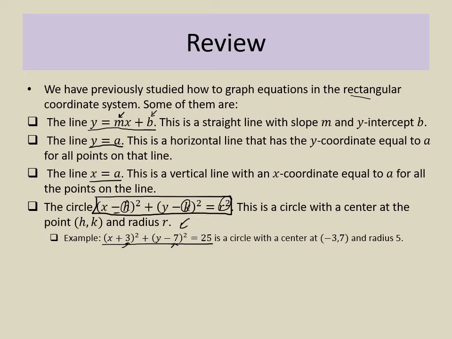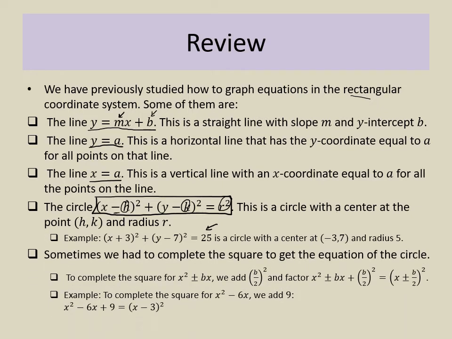Now, there is something that was important for us to remember when we were trying to graph equations of circles in previous math courses. There's a trick that we learned called completing the square. Basically completing the square happens in cases like this.